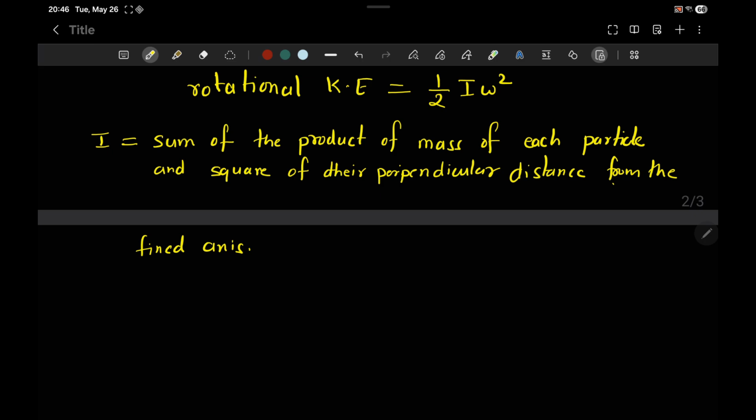This is the definition of moment of inertia.